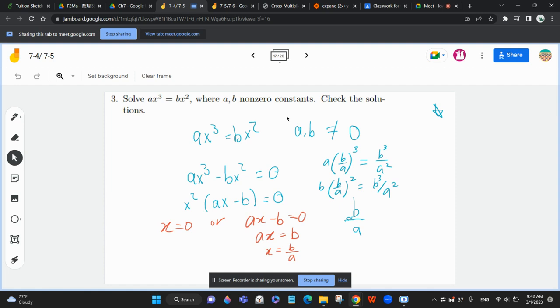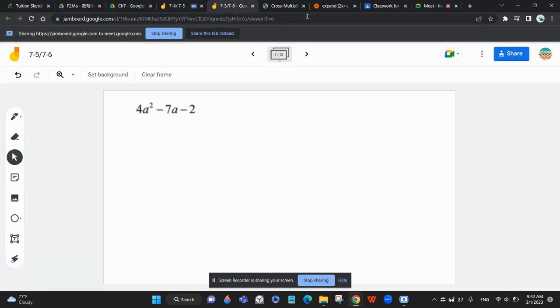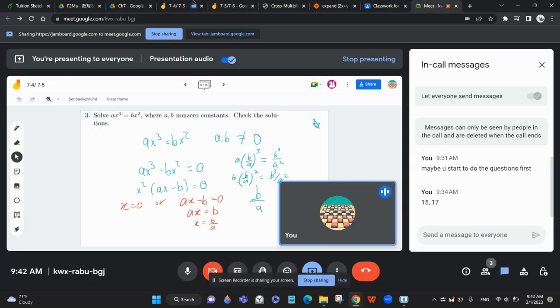Okay, so when x equals 0, the whole thing is 0. Or when x equals b over a, the whole thing will also be 0. Yeah, and then we continue to the next slide, I mean the next web page.